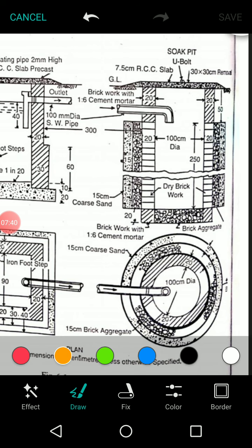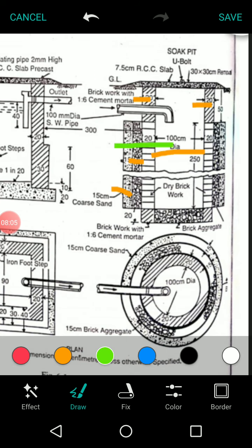So what is the inner dimension here? It is 1 meter, correct, plus 20 plus 20, and the 20 centimeters will be the gravel layer, then the coarse sand will be 15 centimeters on both sides. So total, here to here, it is 2 meters.